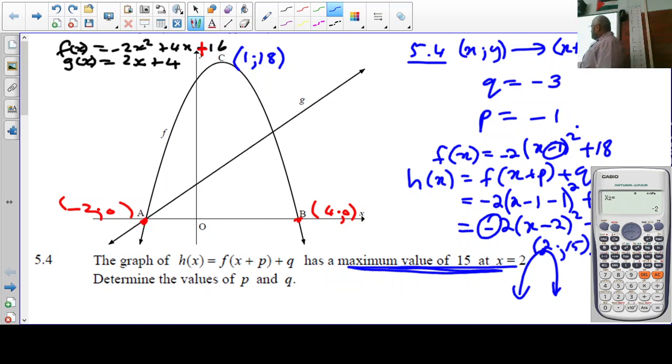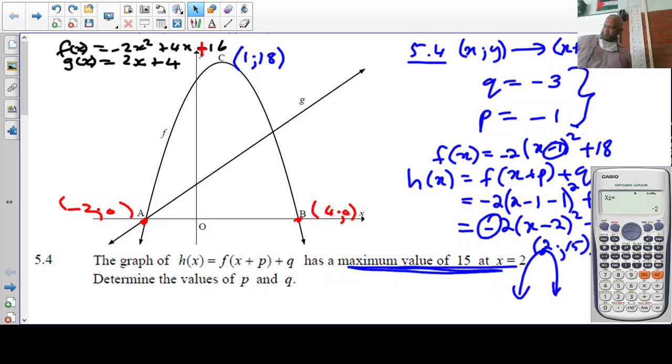Okay, so here, the graph of h equals f of x plus p plus q has a maximum value of 15 at x equal to 2. Alright. But the question was to calculate p and q, and that's how we calculate p and q. Okay. Any other confusion before we move on?